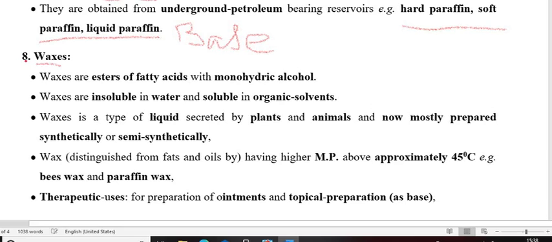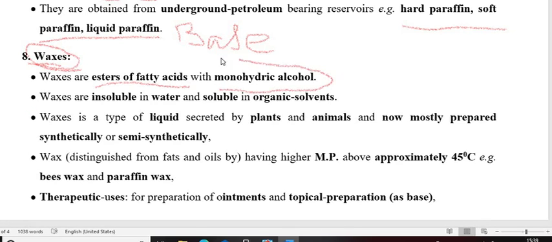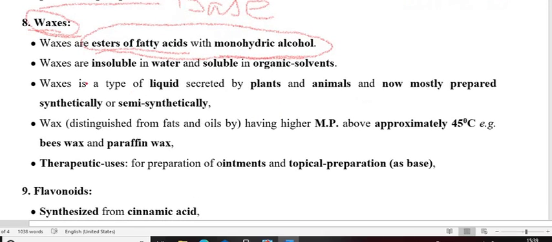This is also a very, very important component of the plant. So waxes are esters of fatty acid with monohydric alcohol, and usually water insoluble but soluble in organic solvent.